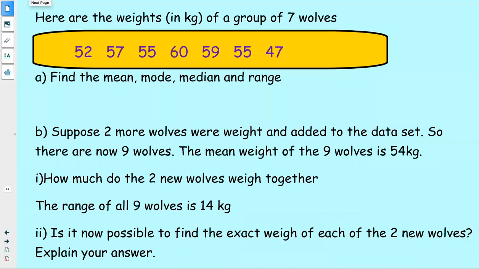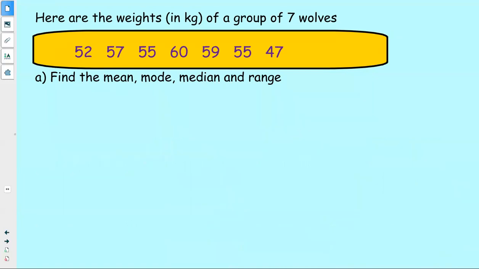We're going to flick to the next page to give us a little bit more room. Okay. So we've got mean equals, remember what to do, you're going to add them all together and divide by how many values or members are in the data set.